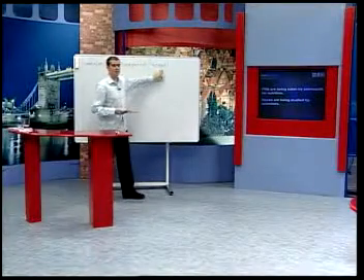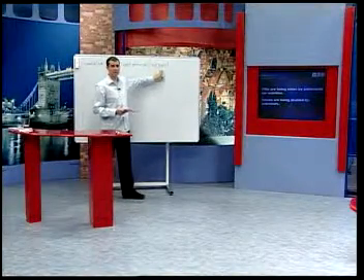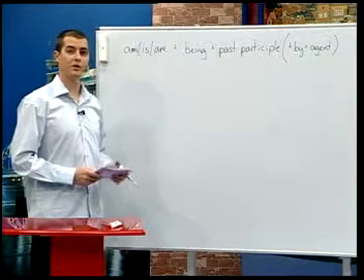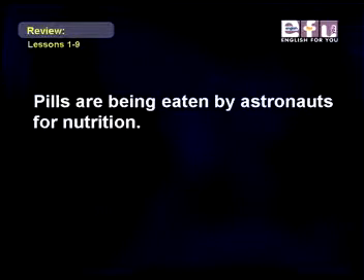Just remember, agent is the person who does the verb. So it's am, is, are, being, plus past participle, plus by or agent. So in the first sentence, pills are being eaten by astronauts, and the agent is the doer.